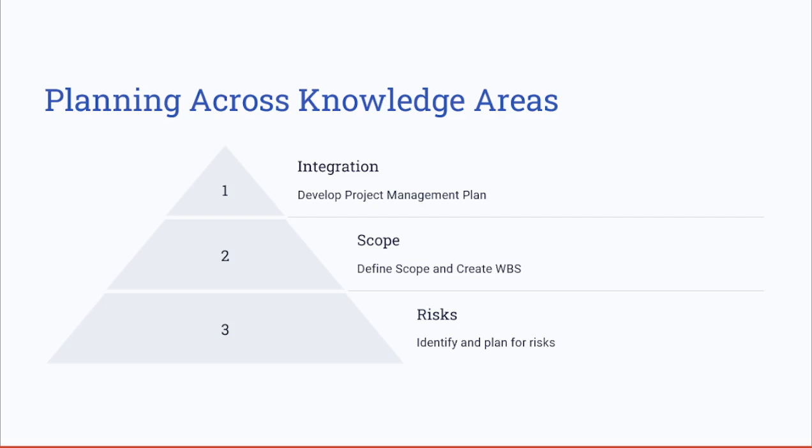Scope management defines what is included in the project and organizes it using the work breakdown structure, or the WBS. The next example is risk management, where you identify, assess, and plan the responses to potential risks, reducing the likelihood of negative outcomes. Each of these knowledge areas' contributions ensures that the project is planned holistically with no critical aspect left unattended.